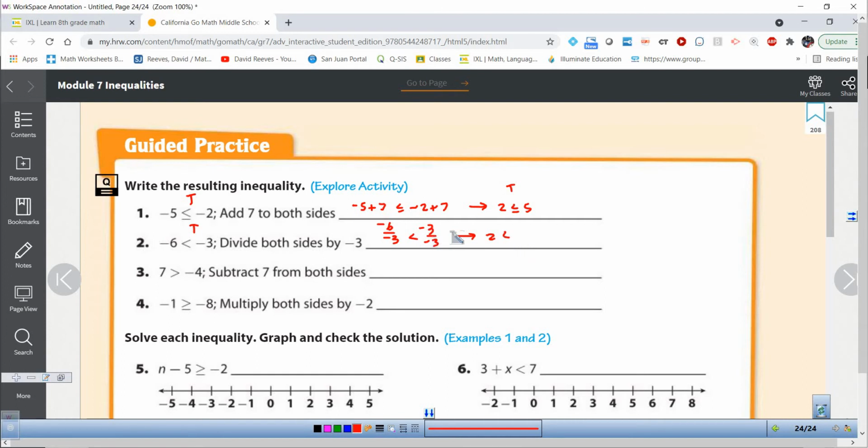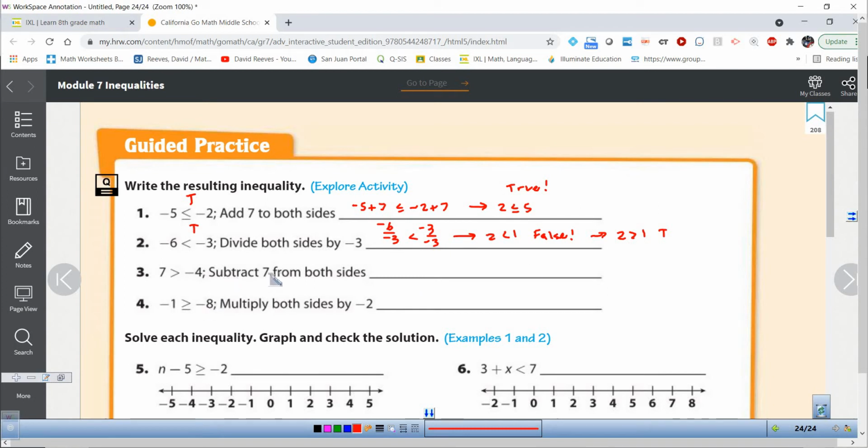Negative 3 divided by negative 3 is 1. Well, that is a false statement. If you watched my previous video, you know why: when you multiply or divide by a negative, it takes a true statement and makes it false. So if I want it to be true, I switch the inequality sign and say 2 is greater than 1, and now that is true.